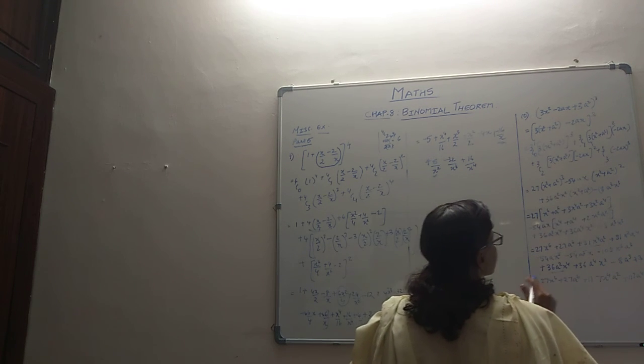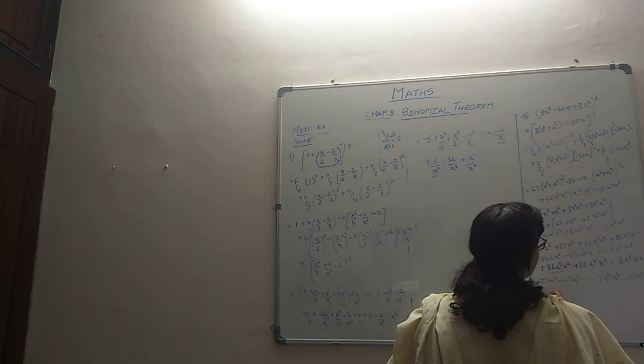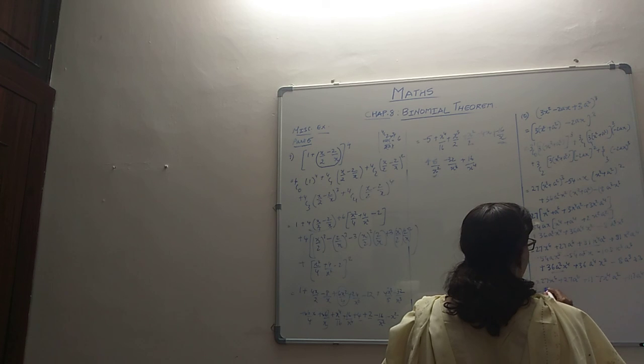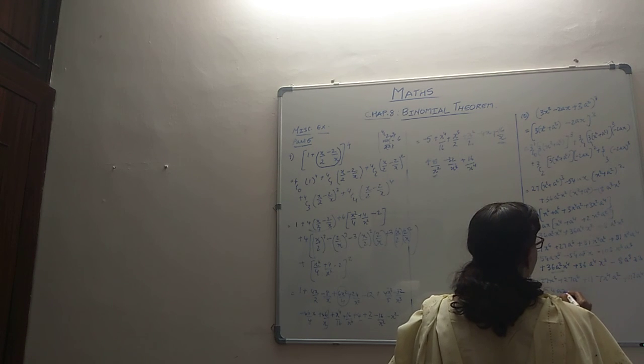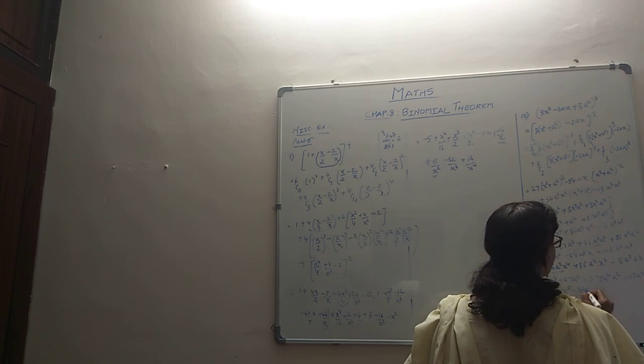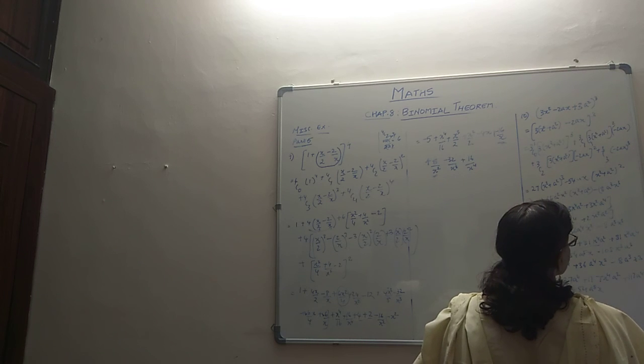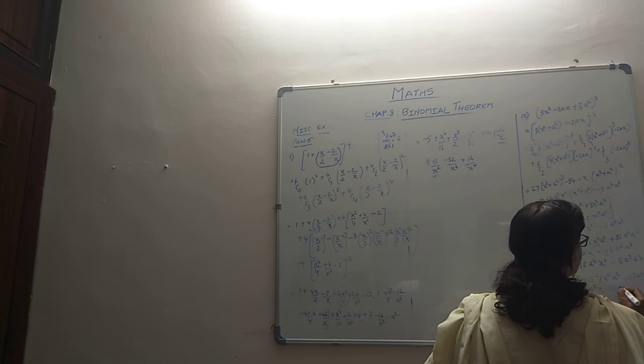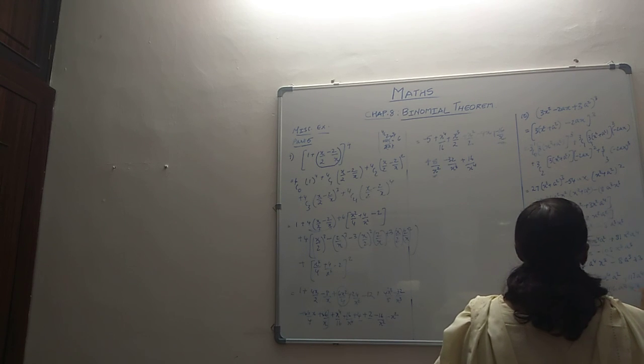So that's done. Then you don't have an a raised to 5 term, so minus 54 a x raised to 5, minus 54 a raised to 5 x, and x cube a cube, that's minus 116 a cube x cube.